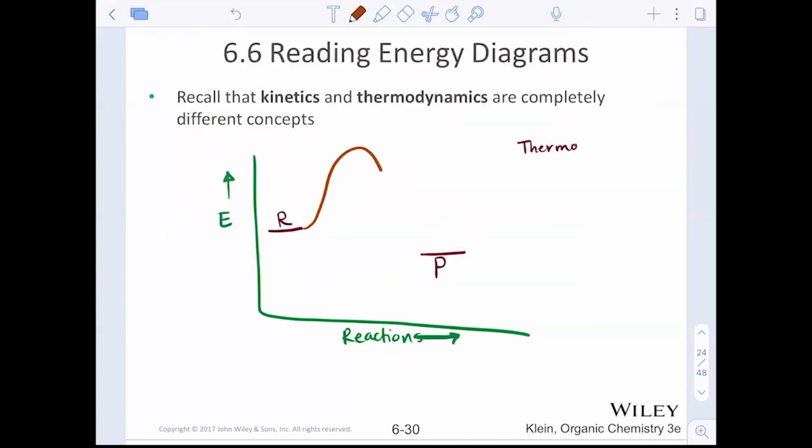The pathway at which those happen, where we get a transition state, where we get an activation energy, that's kinetics. Thermodynamics tells you the stability of the reactants and the products. Kinetics tells you how fast a reaction will go. They are completely different concepts.